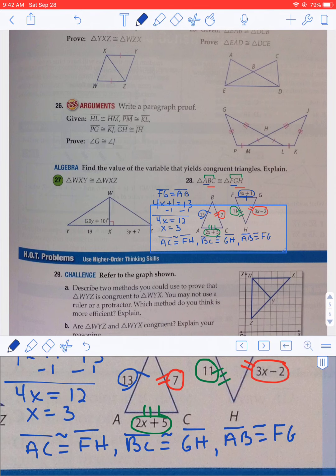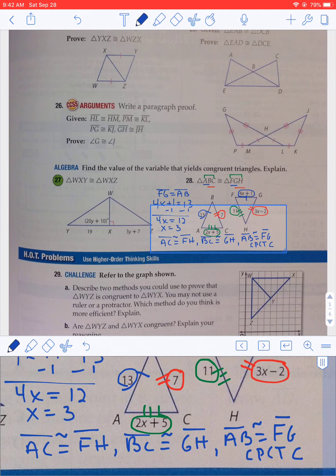Now why is that? If you remember at the very beginning, I was saying all this because of CPCTC. So we're saying all three of these are congruent because this is our reasoning. That's our explanation, because of CPCTC.